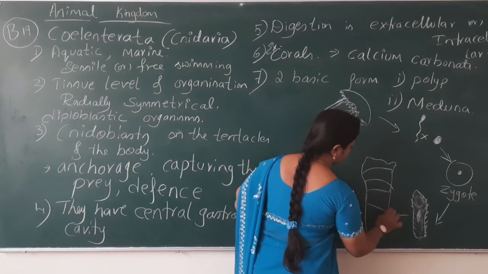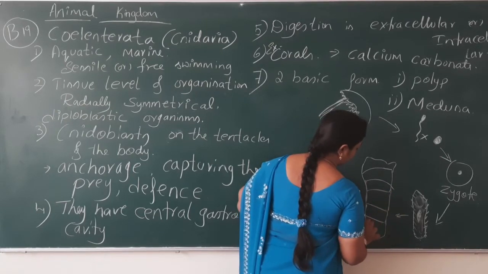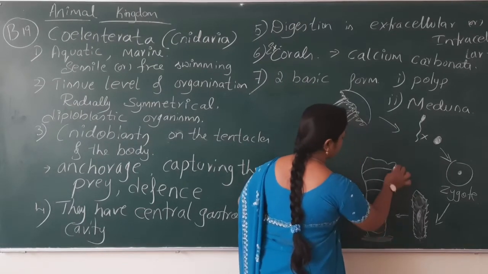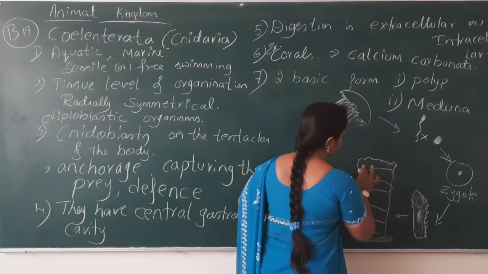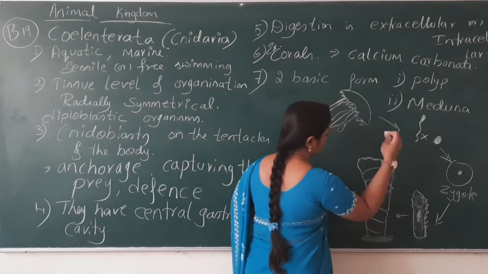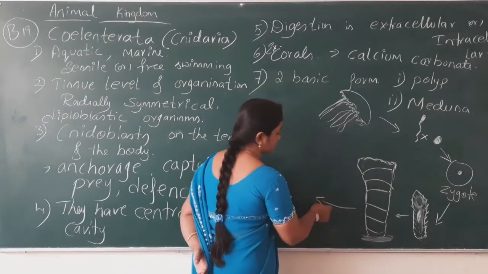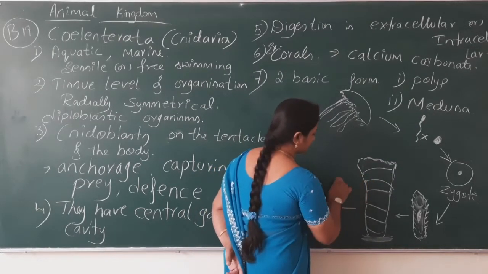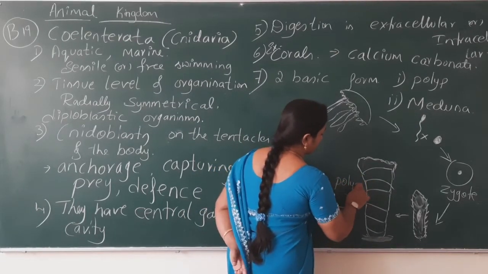Sessile means it's not going to move anywhere else. Just label this: this is a polyp form.